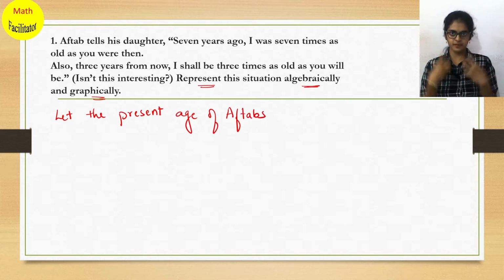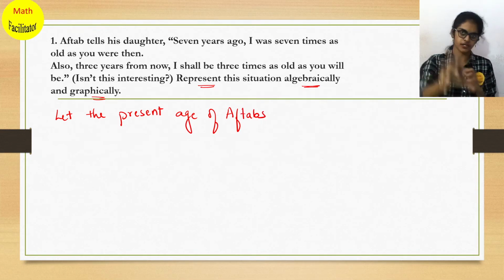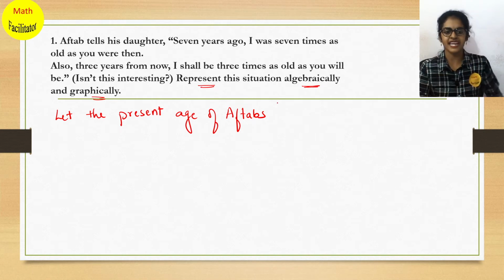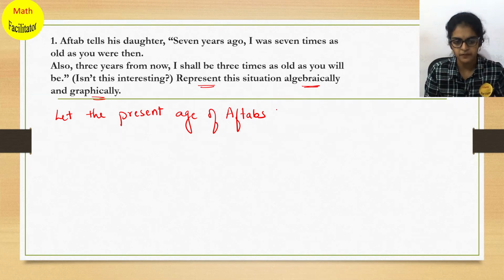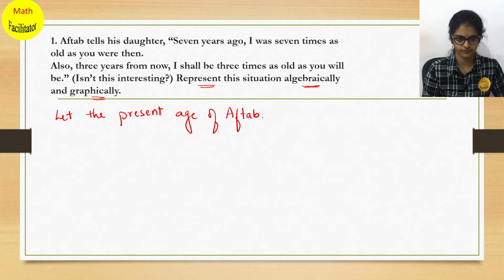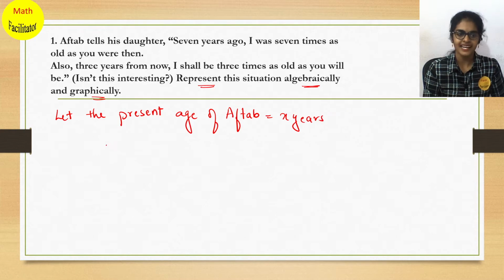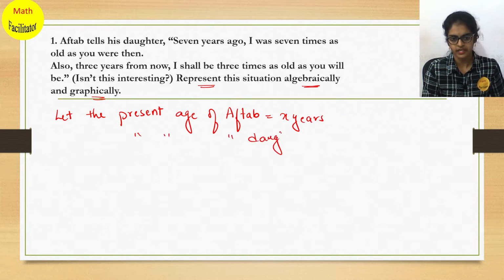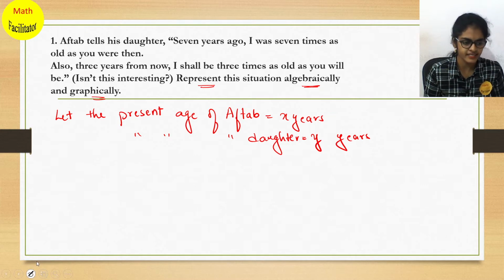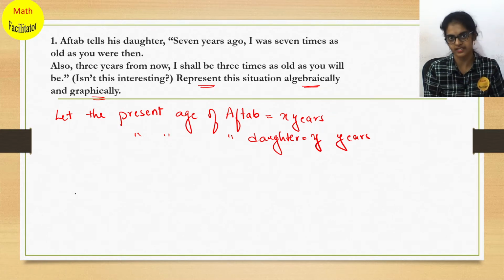That means Aftab is comparing his age to his daughter. So let us take the present age of Aftab as X years. And let us take the present age of Aftab's daughter as Y years.